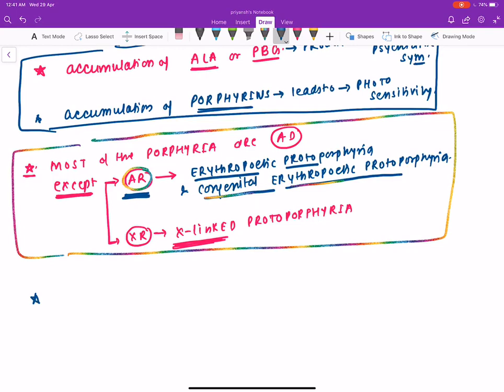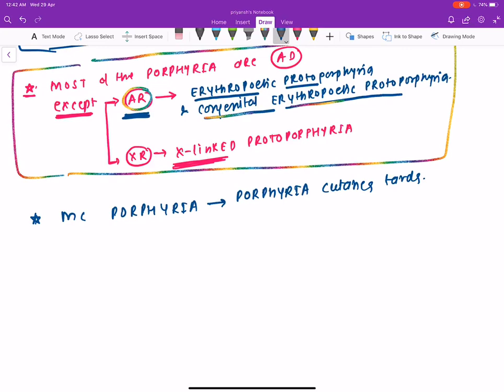If we see which is the most common porphyria overall, the most common porphyria is porphyria cutanea tarda. But if they ask which is the most common acute porphyria, I have earlier also mentioned that the porphyria most commonly found in the clinical setup will have the acute symptoms, the acute emergency, and that is acute intermittent porphyria.